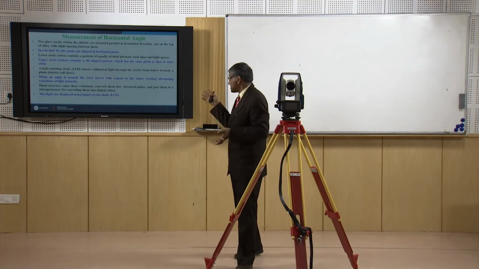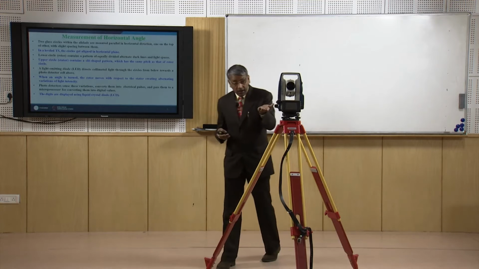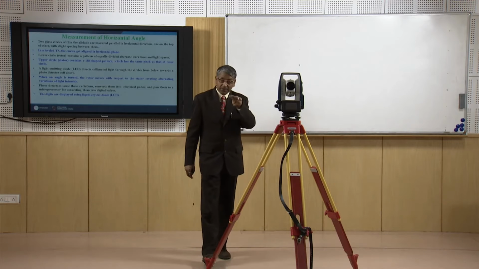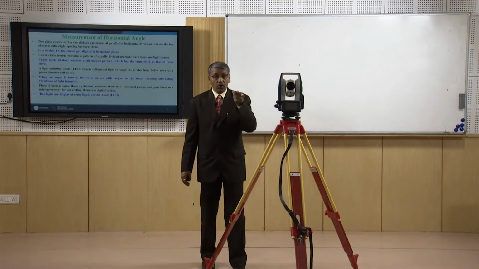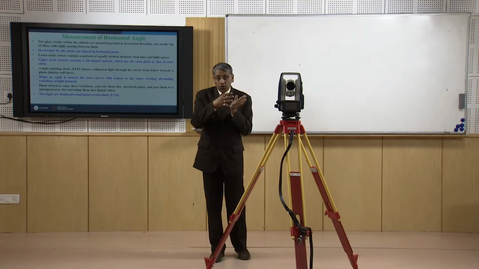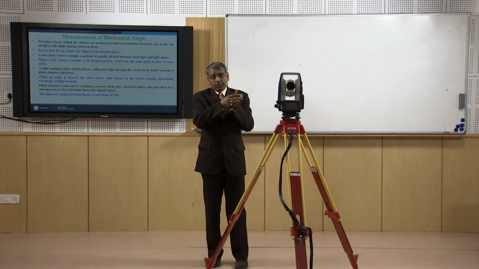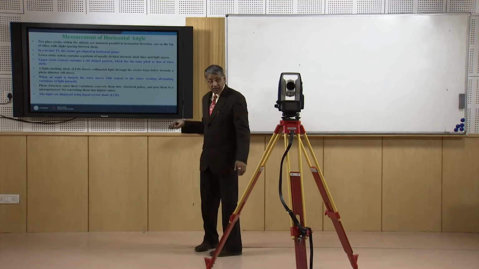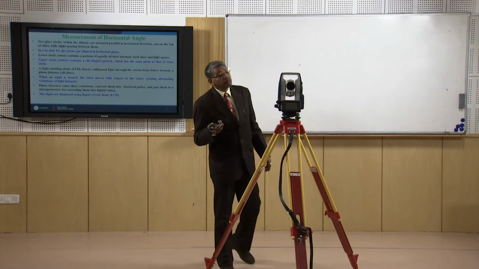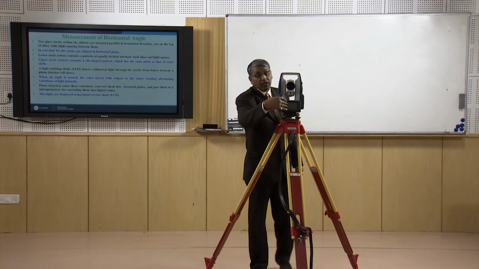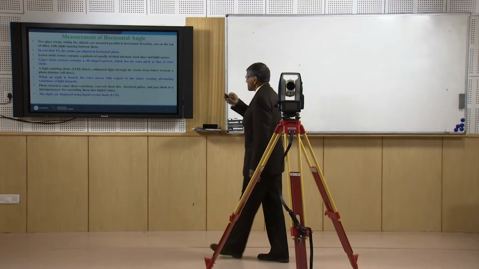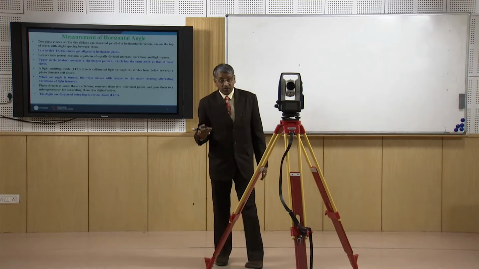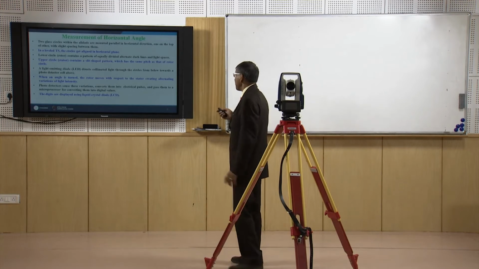So this is the basic arrangement made in this instrument, which provides us the measurement of horizontal angle automatically whenever we rotate from one point object to another object. Finally this value is displayed on the LCD. This is basically how we automatically measure the horizontal angle using total station.